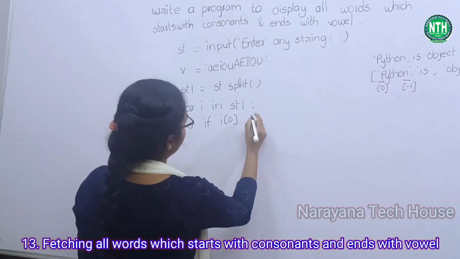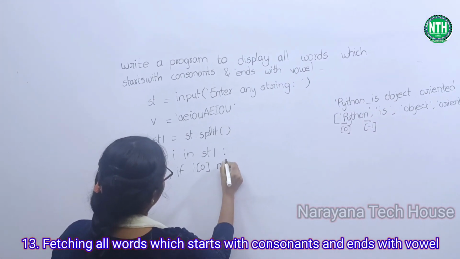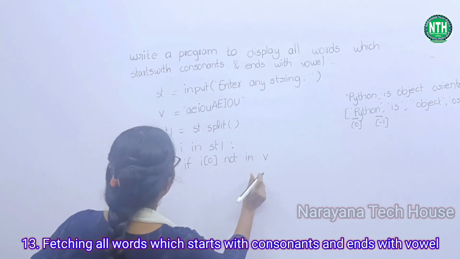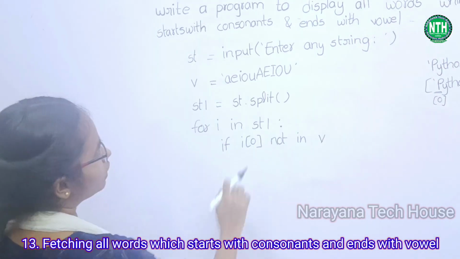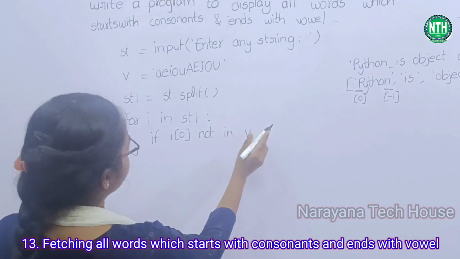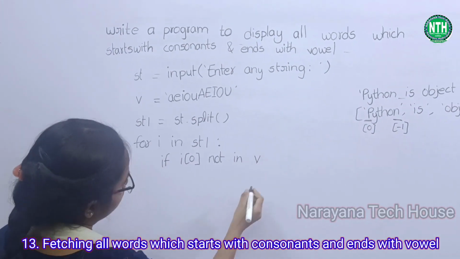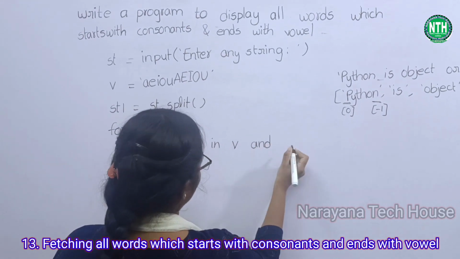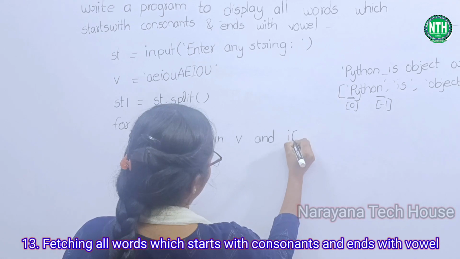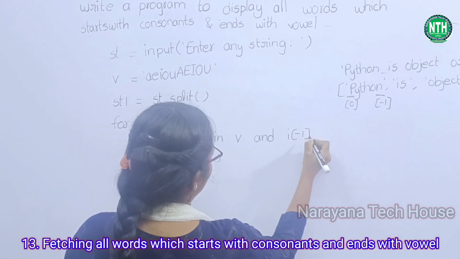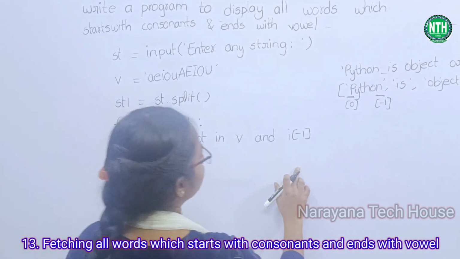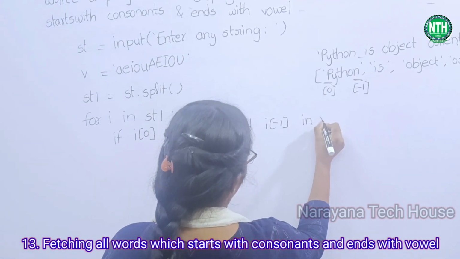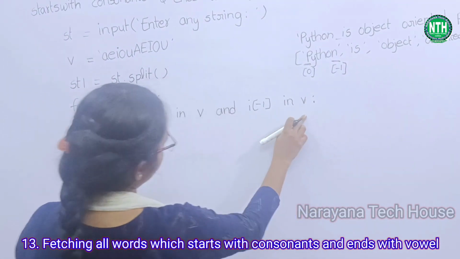So if i of 0 not in v, where v means a, e, i, o, u, the vowels, and i of -1 in vowels.